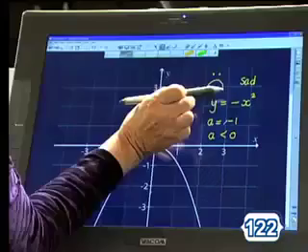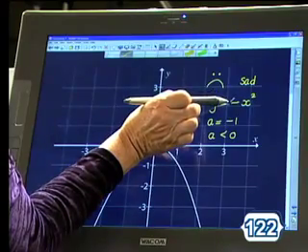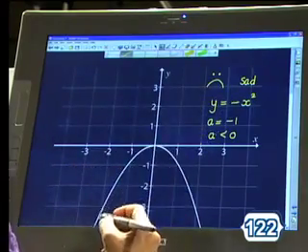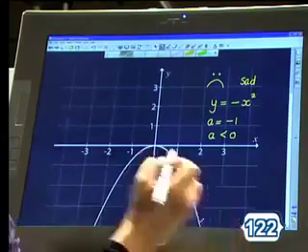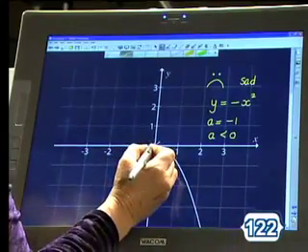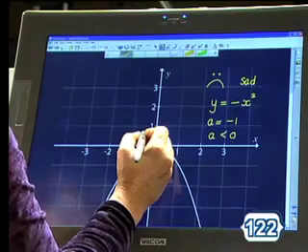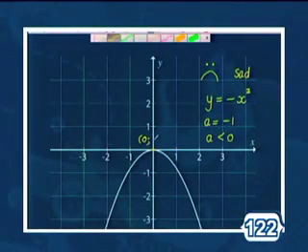So if ever the value in front of x squared is a negative, you are going to find that you have the sad face. Now, can you see that in this particular case, again, my turning point is at 0, 0, but it's actually coming up there and it's a maximum turning point.